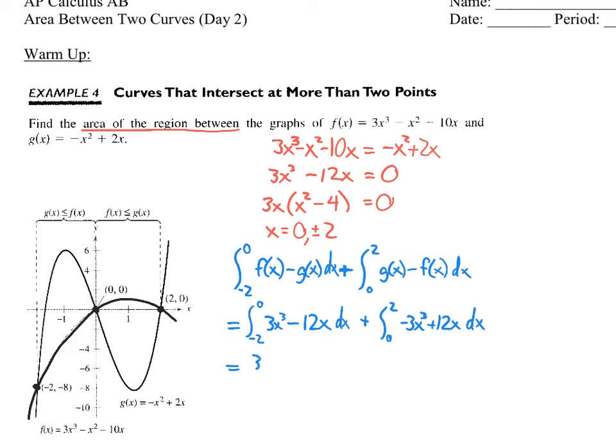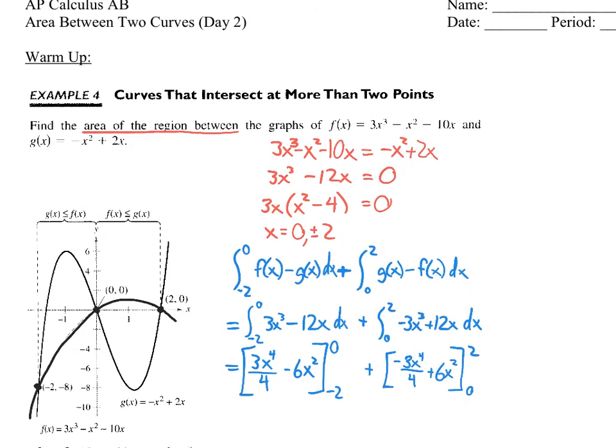We have 3x to the 4th over 4 minus 6x squared, evaluated from negative 2 to 0. But we also have negative 3x to the 4th over 4 plus 6x squared, evaluated from 0 to positive 2.